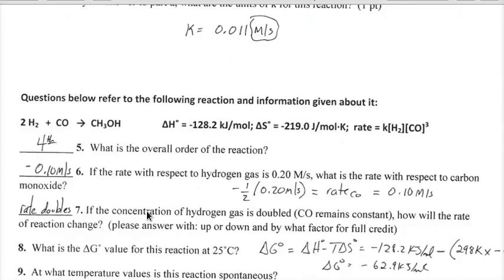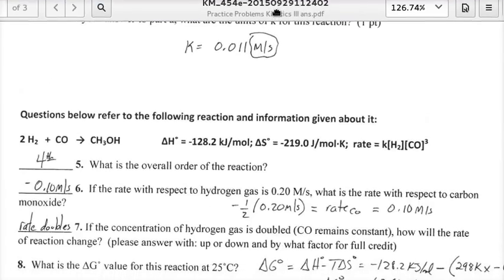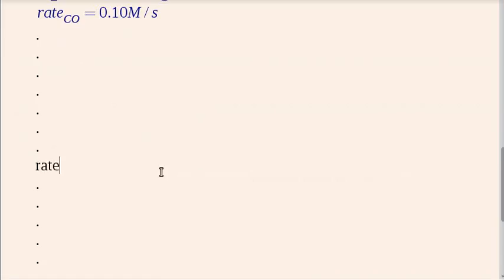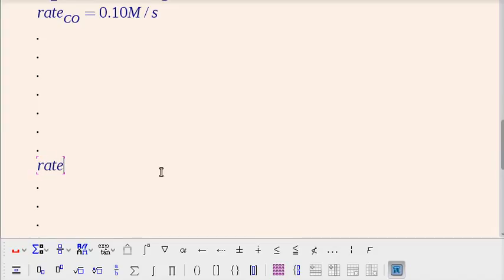If the concentration of hydrogen gas is doubled, so that would be looking at this rate law. I'll plug in some numbers to demonstrate. So we have rate equals K H2 times CO cubed.